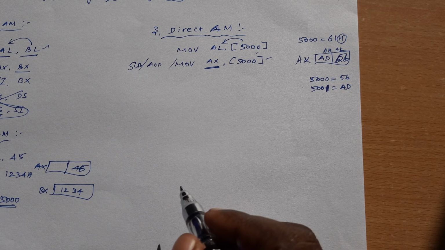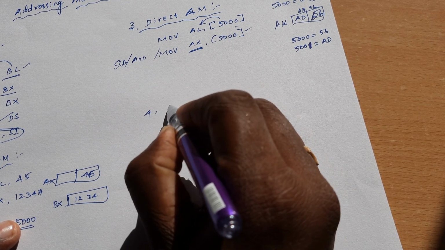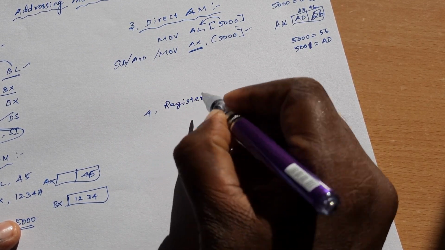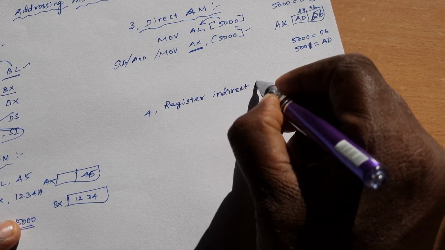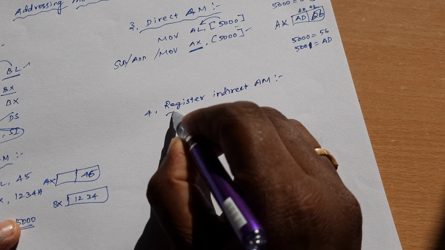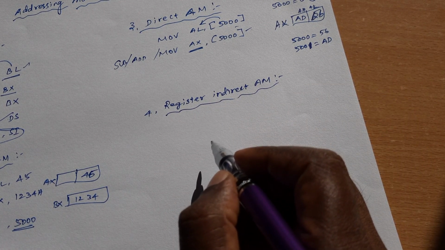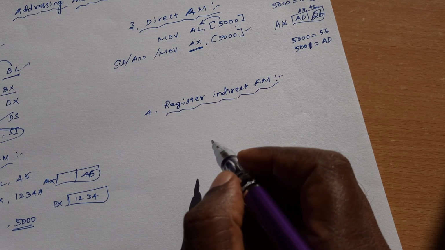Now we'll see register indirect addressing mode. The same, we are going to use a memory location, say register indirect addressing mode. So here we are using the offset address to address the data in the memory location.